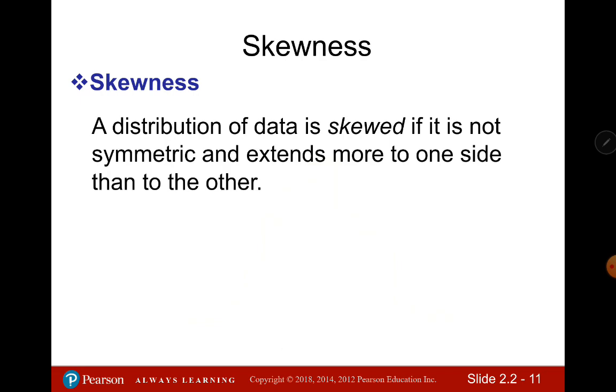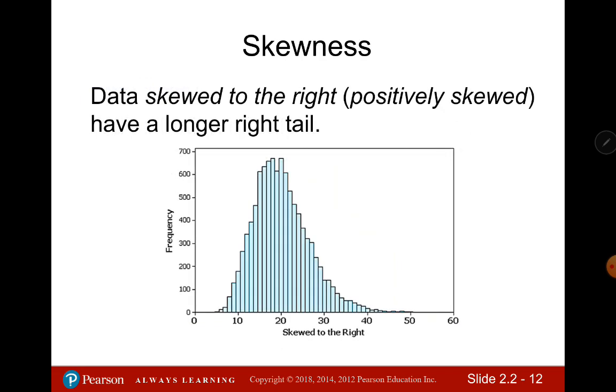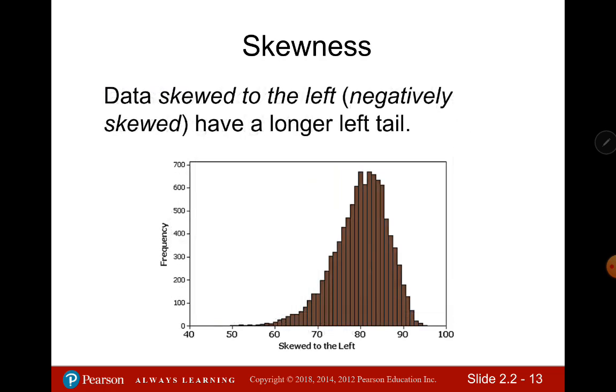If it has a long left tail, we call it skewed to the left, also called negatively skewed. So this is a long right tail, and this is a long left tail.